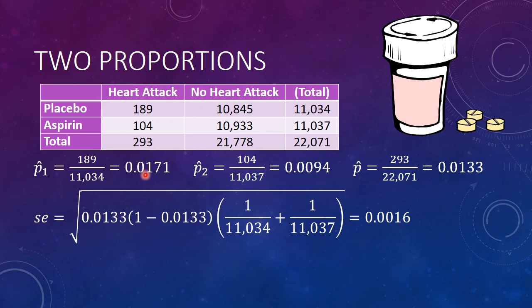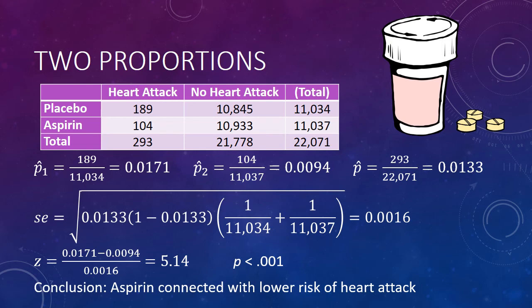So for our test statistic, we'll take the difference in the two sample proportions, 0.0171 minus 0.0094, and divide by our standard error, 0.0016. This gives us a test statistic of 5.14. We compare that to a standard normal distribution, and we get a very, very small p-value, less than 0.001. So our conclusion is that aspirin is connected with a lower risk of heart attack.